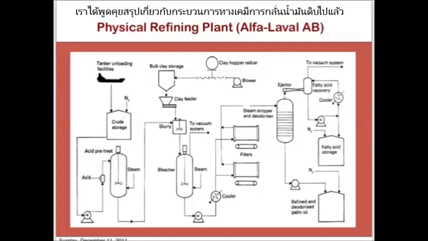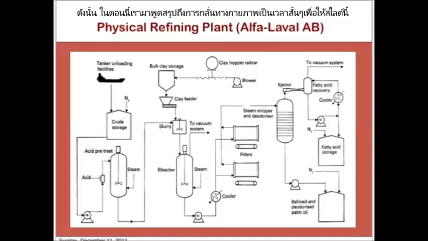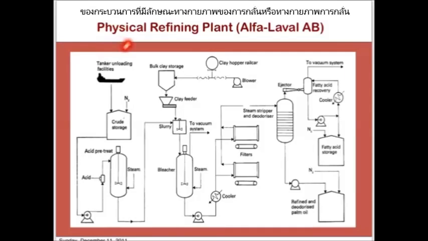Okay, so far we have discussed the process of chemical refining of crude palm oil. So now let's discuss briefly the physical refining. On this slide, this is the outline of the process of physical refining or physical refining plant, and the outline shown here is for Alfa Laval AB, which is one of the major manufacturers of physical refining plants in the world.